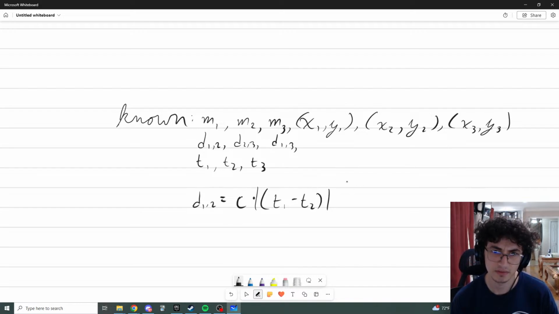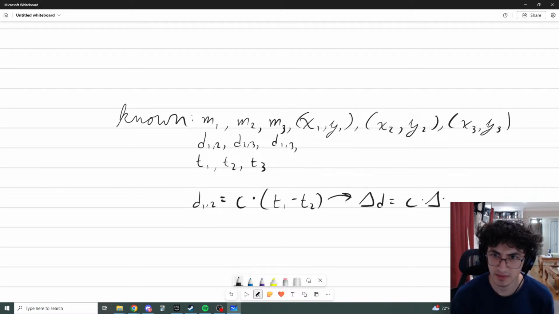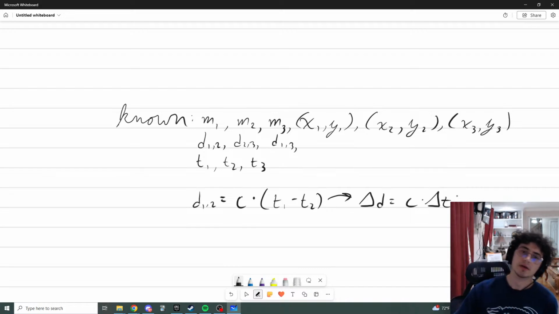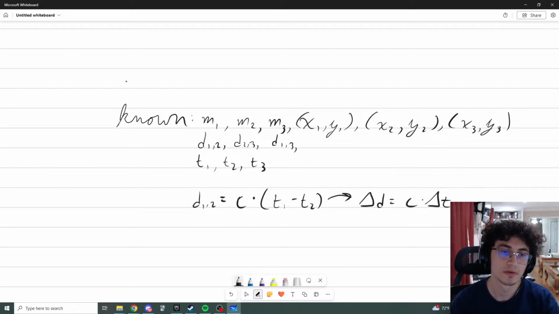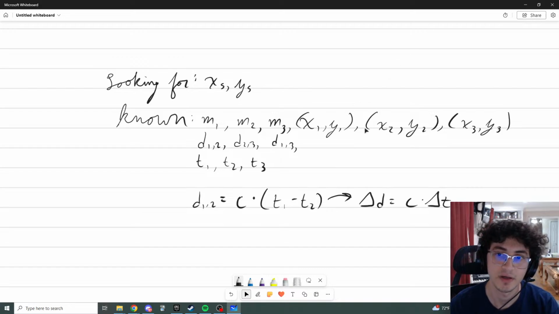Yeah, this is absolute value. Whatever, we'll just have a negative distance. Another way to write this would be delta D is equal to C times delta T. All right, and we are looking for xs comma ys.